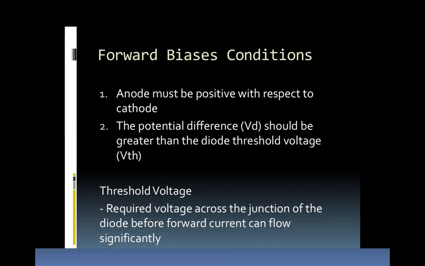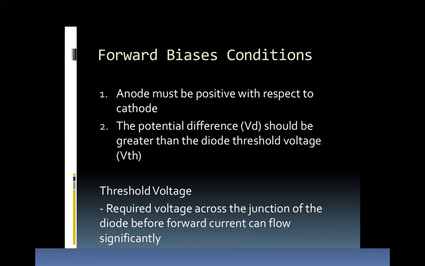So the PN diode in forward bias should be connected such that the anode must be positive with respect to the cathode, and the potential difference should be greater than the threshold voltage. What is the threshold voltage? Normally we abbreviate it as VTH.